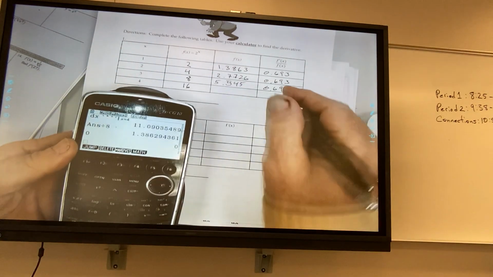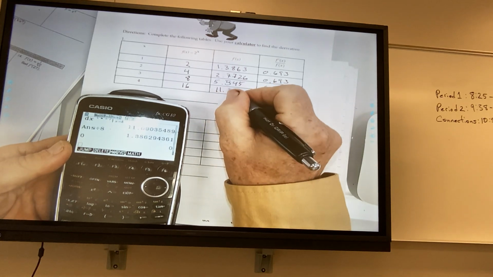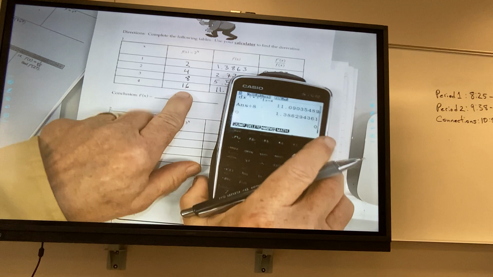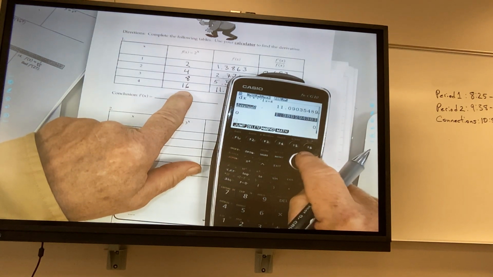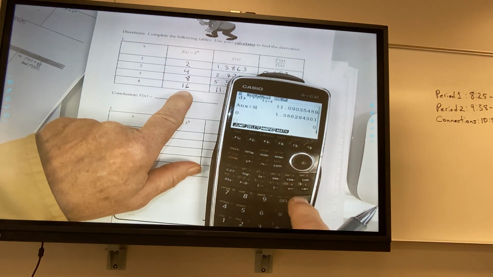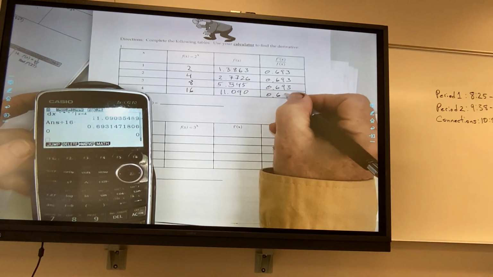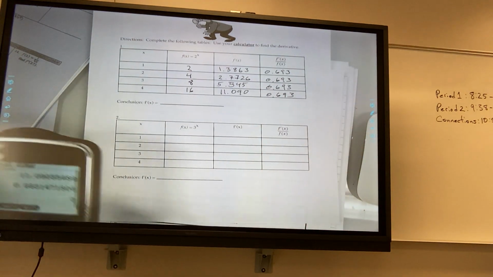And I'm going to get 11.090, but I got to divide it by 16. 0.693. Oh, you think it's the same thing? Yep. 0.693.